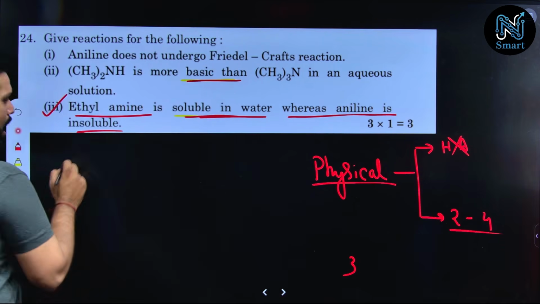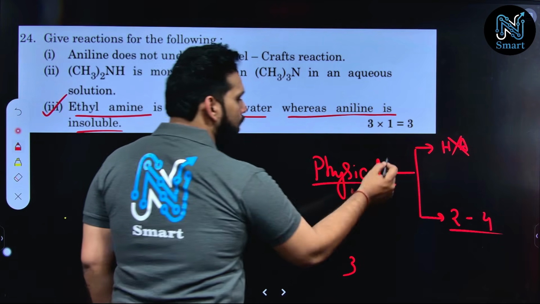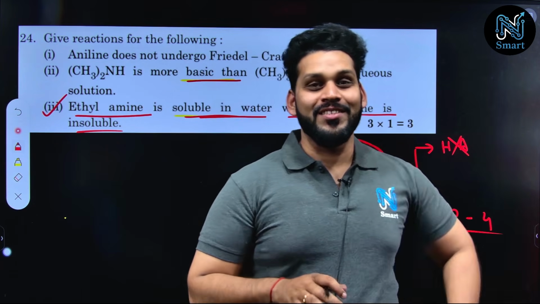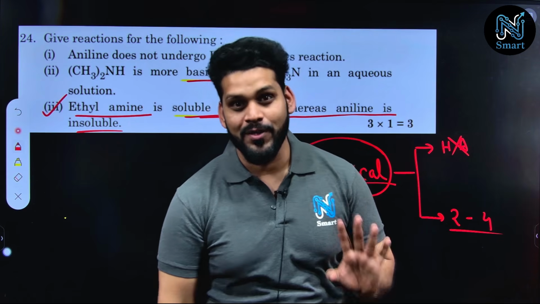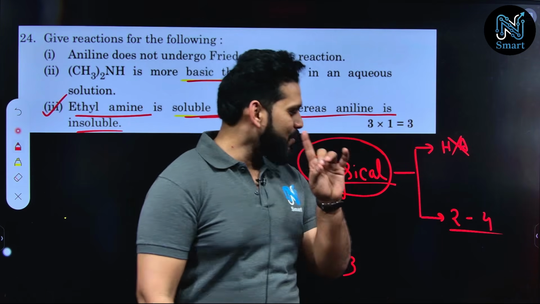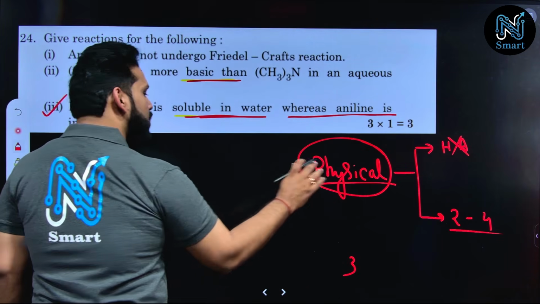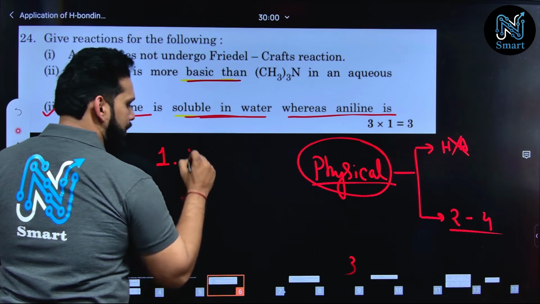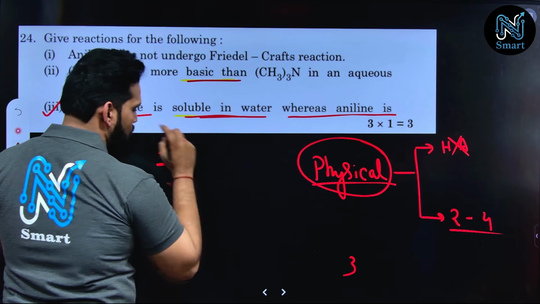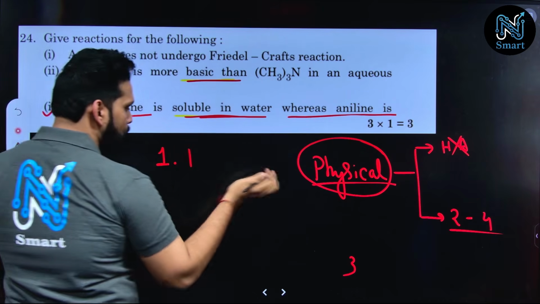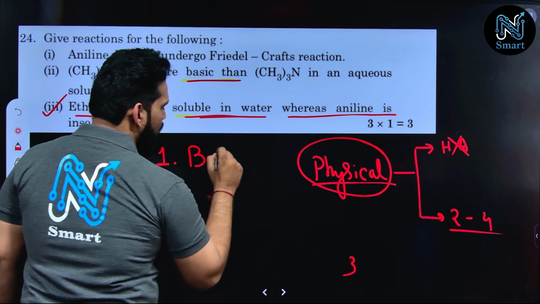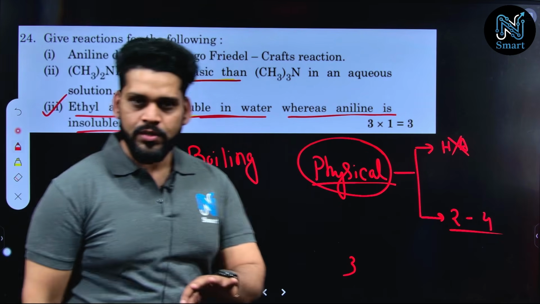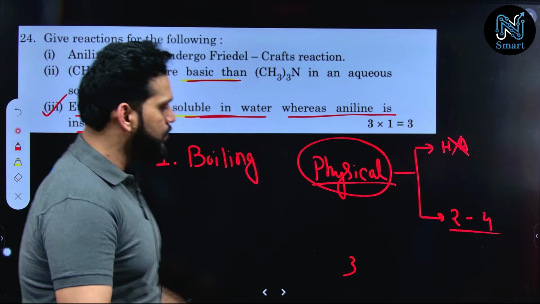One more thing, how to understand if the question is a physical property question or not. Many of you might be thinking, sir, we don't even know what a physical property question is and what a chemical property question is. So I'm going to talk about that now. Whenever the question comes from boiling point and melting point, these will be physical property questions, correct?